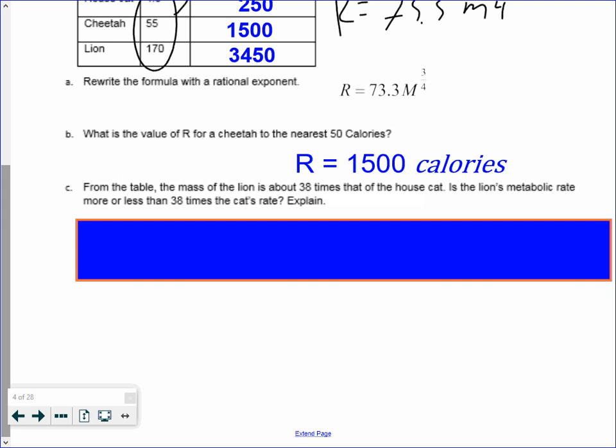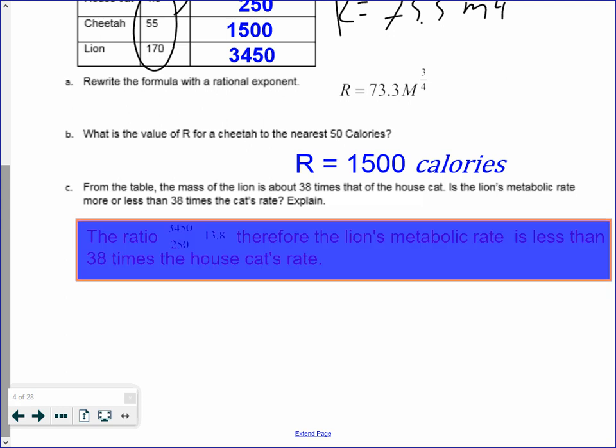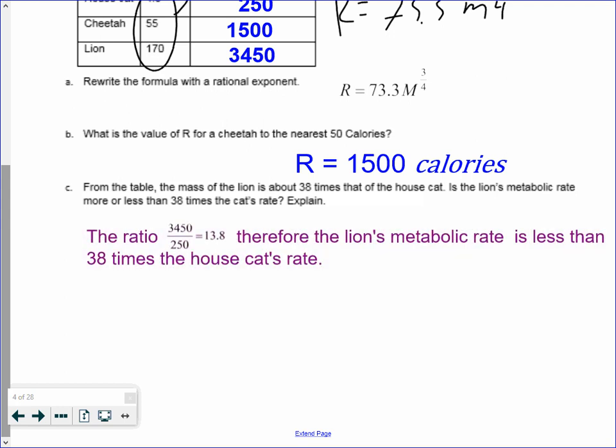We set up a ratio: 3,450 over 250, the lion's metabolic rate over the house cat's metabolic rate. We solve that out and get 13.8. That 13.8 is less than 38, so we know that the lion's metabolic rate is less than 38 times the cat's rate.